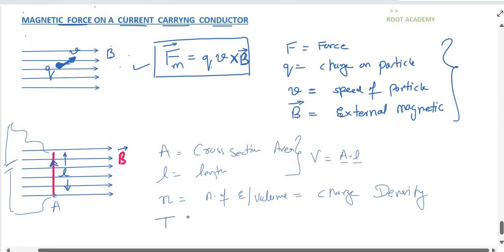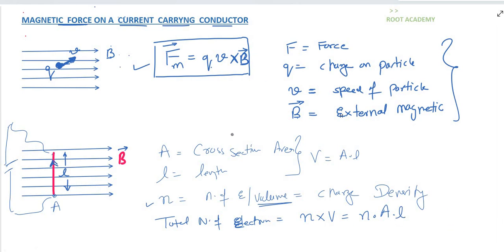So that means the total number of electrons will be how much? Charge density into volume, correct? Because n is the number of particles per unit volume. So n into V, and what is V? V is A into L. So these are the total number of particles. So how much will be the total charge?